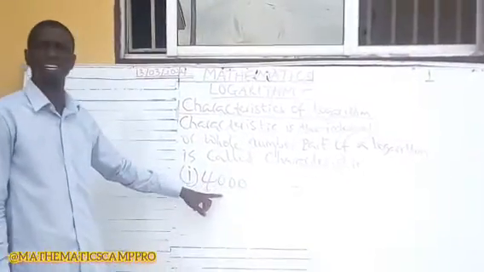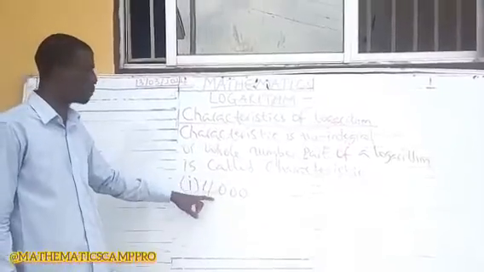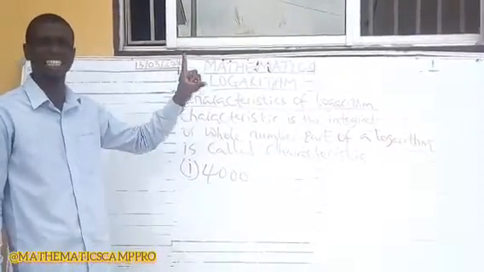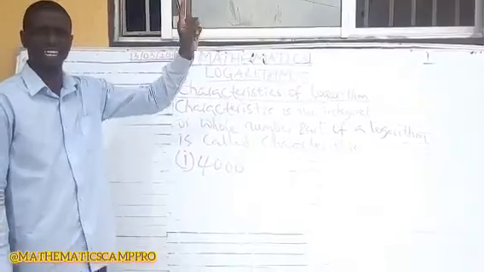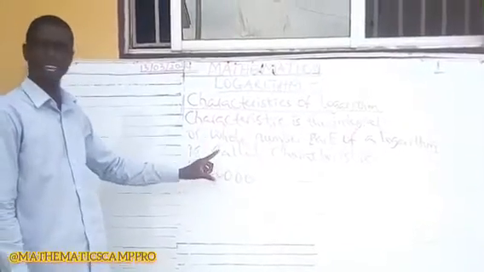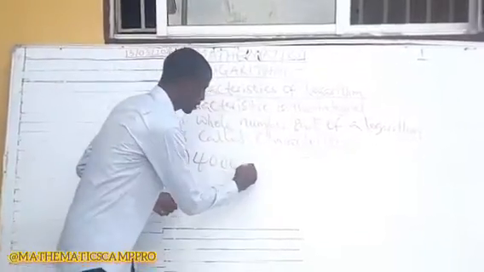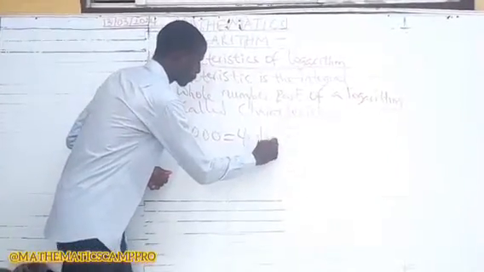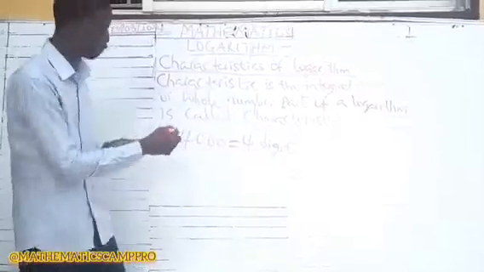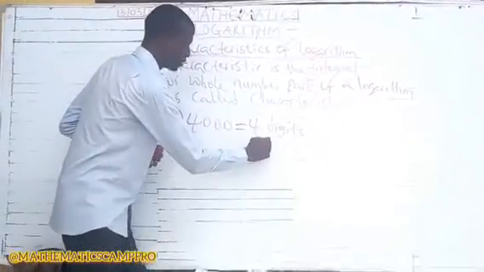For you to get your characteristics, it is simply one lesser than the number of digits that you have. I say 1, 2, 3, 4. This is 4 digits. This is what? A 4 digits number.